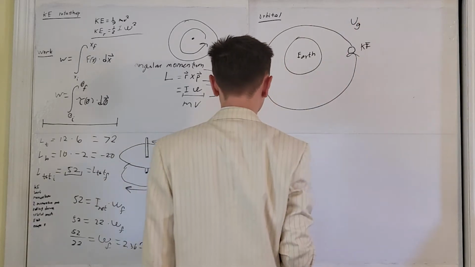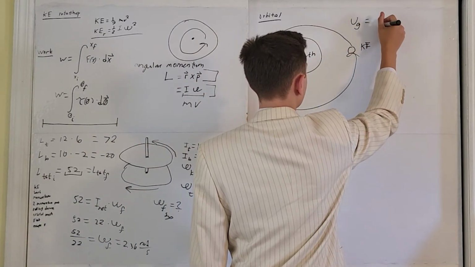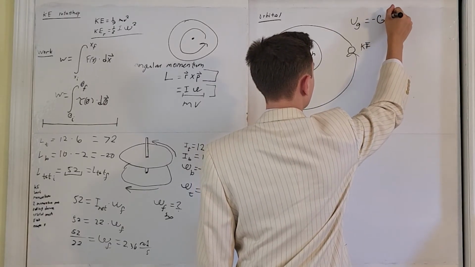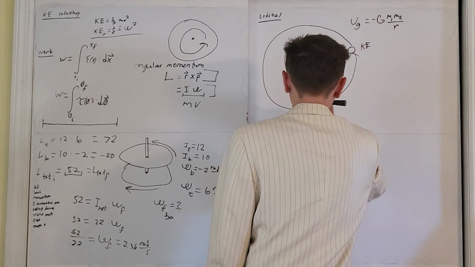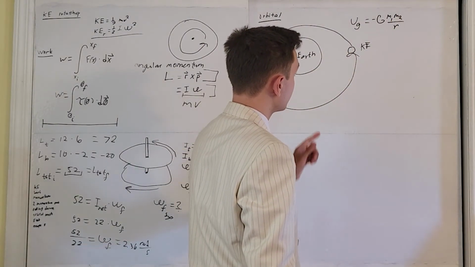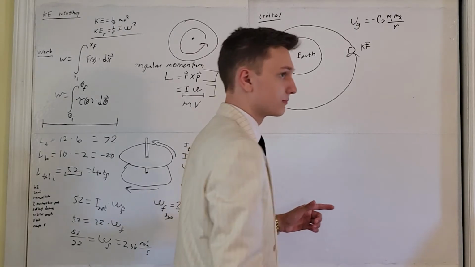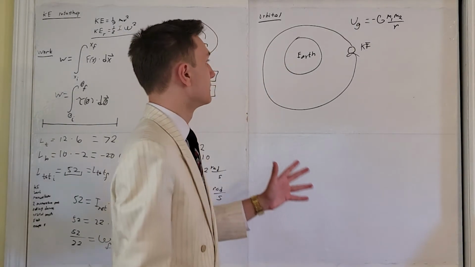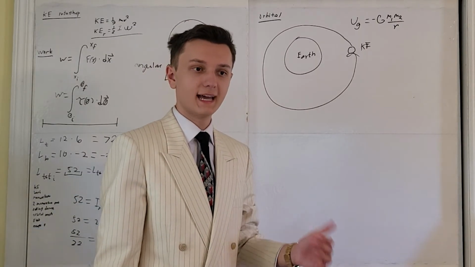gravitational potential energy. Now, recall before that gravitational potential energy, the equation for which is negative G m1 m2 over r. At any distance greater than 0 and less than infinity, which is pretty much any distance away from Earth, your gravitational potential energy will be negative.